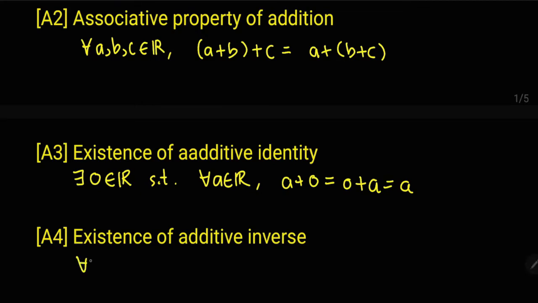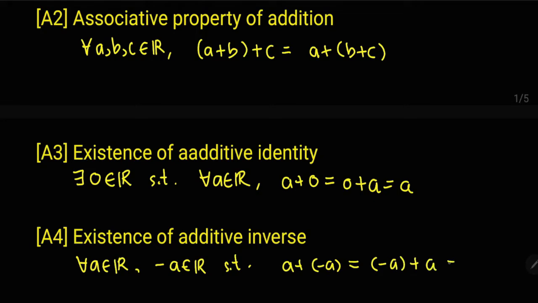For any real number a, you can always find another real number, which we will denote by negative a, such that the two numbers satisfy the following condition. a plus the negative of a, or negative of a plus a, is equal to the additive identity 0. This negative of a is called the additive inverse of a.